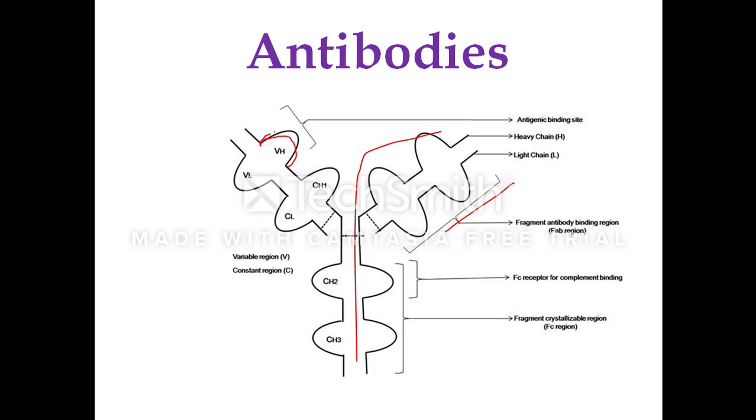So this is regarding the structure of the antibody, and here you will find the looping of each domain of around 110 amino acid residues, and these loops are formed by disulfide linkages. These disulfide linkages are within the light chain or within the heavy chain, and they are called intra-chain disulfide linkages.